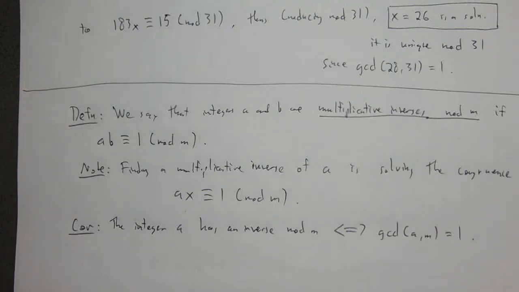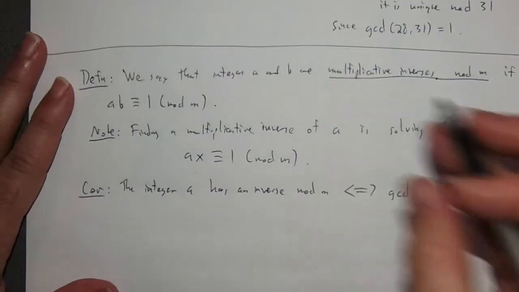Obviously, because the GCD of a and m has to divide b in this expression for it to have a solution at all. And that's saying that the GCD has to divide 1. So if the GCD has to divide 1, then clearly it has to be equal to 1. So the GCD of a and m has to be 1 for this to work at all. Right? Okay. And so here's an example.